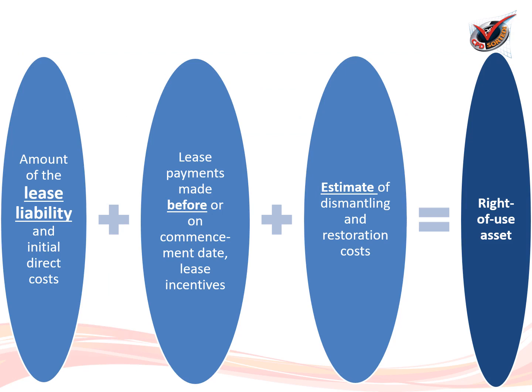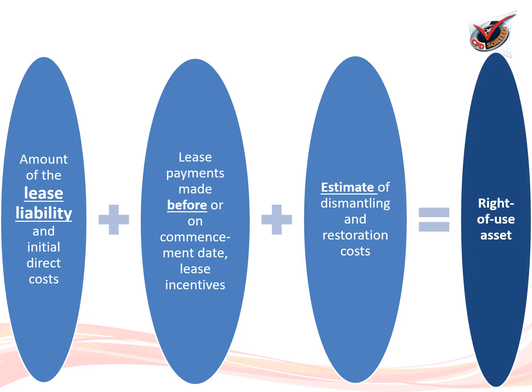The right-of-use asset is calculated based on an estimate, and that estimate is the sum of the amount of the lease liability as well as any initial direct costs. Also included would be lease payments made before or on the commencement date, as well as any lease incentives that are part of the contract.